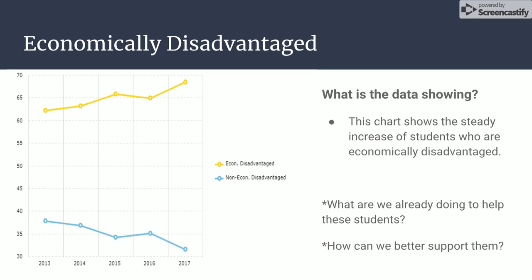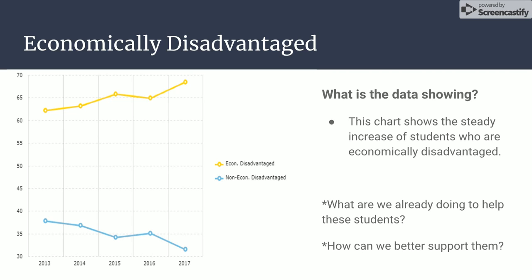Here's our first report we're going to look at. This is showing economically disadvantaged students. I'm going to ask this question to you. What is this data showing? When I look at this chart, I see that it is showing a steady increase of students who are coming to us that are economically disadvantaged. What are we already doing to help these students?